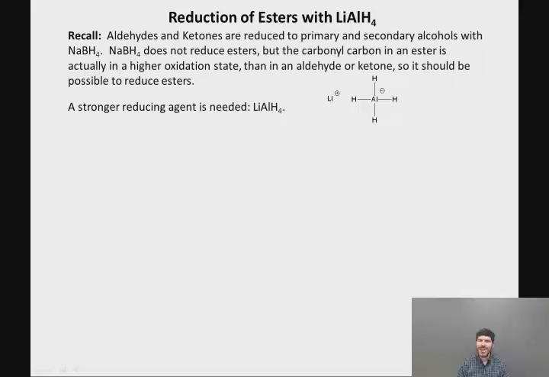And the reducing agent that we use is called lithium aluminum hydride. So the difference between sodium borohydride and lithium aluminum hydride is that you have lithium instead of sodium and aluminum instead of boron. Well, it turns out that one of these is really important and the other one is not important in terms of making it more reactive.